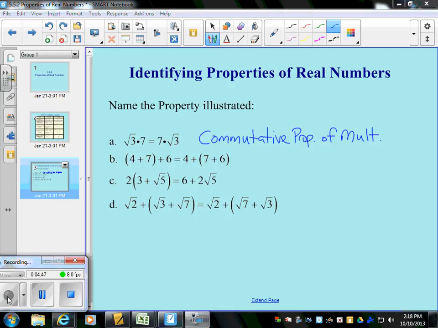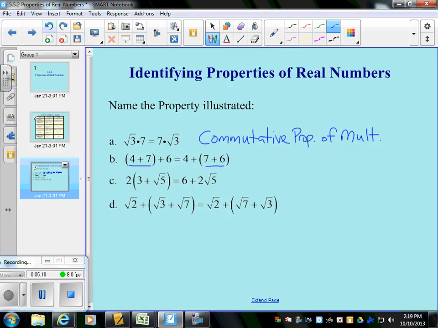Let's look at part B. We have 4 plus 7 in parentheses, then we're adding 6. That's going to equal 4 plus the quantity 7 plus 6. Well, as you can see, we have three different numbers, and the same three numbers occur on both sides of the equation. However, on the left side, we are adding 4 plus 7 together first, and on the right side, we're adding 7 plus 6 together first.